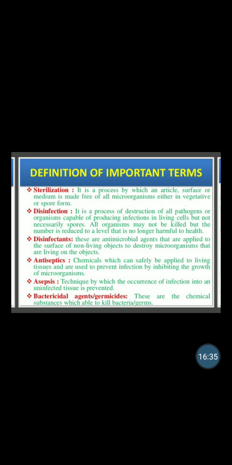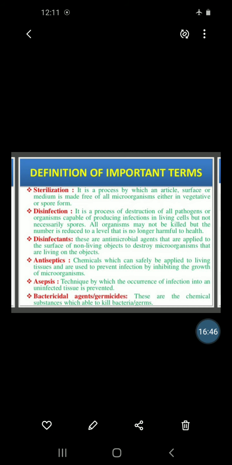Then we will see first, incineration. Incineration is done especially for the inoculating loop used in microbe cultures, that is the nichrome wire loop. The metallic end of the loop is heated until it becomes red hot in the flame.